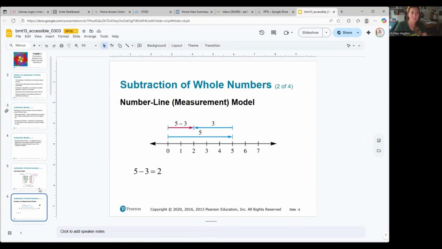Okay, number line model. So I prefer, instead of doing it like that, to do it like this. If you have 5, I'm trying to do 5 minus 3. Okay. And I have 3. I asked them how far apart are they on the number line.